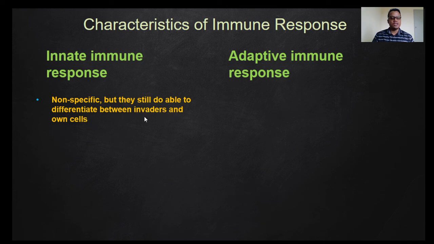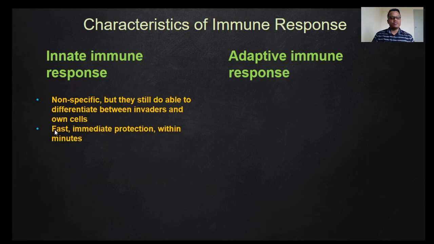This is a very important characteristic for the immune system. Our immune system needs to be able to tell our own body cells from the invaders, so as to avoid autoimmunity, where our own immune system attacks our own body or cells.